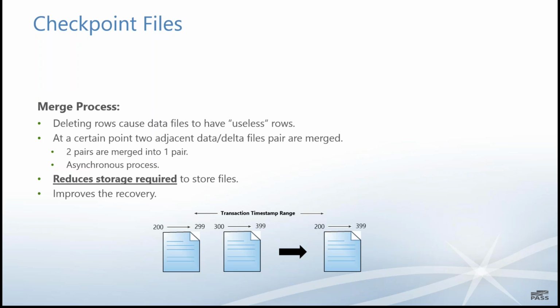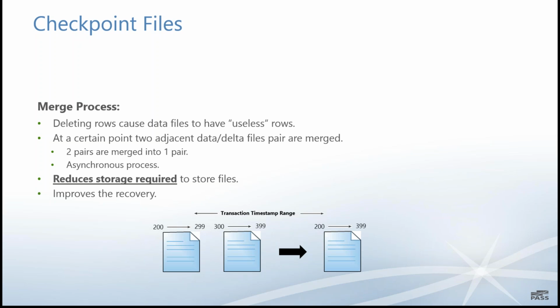Because as you are deleting rows caused by deletes or updates, you are increasing the size of the delta file and invalidating data that is inside of the data file. Okay, so what's the problem with this? The first problem is the disk space, because the files are just increasing to track data that is not needed anymore. And the second problem is the recovery. When you need to recover the database, you need to read huge files, bigger than normal. And so the recovery performance will not be the best.